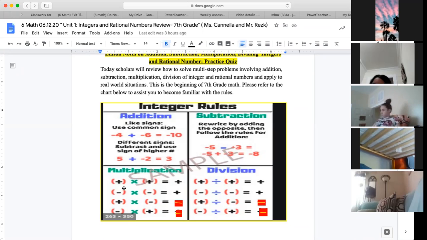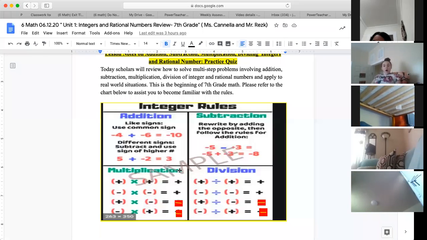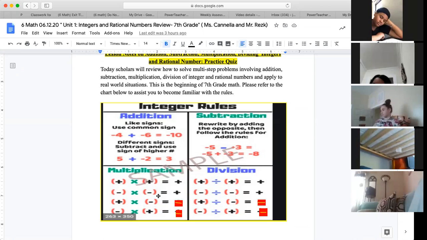The multiplication, we read it, positive times a positive equals positive. You see multiplication on my screen? We're on multiplication. Read that. Gilberto, I don't mean to interrupt you. Underneath it says multiplication. It says a positive times a positive is a positive. Do you see where I'm at?